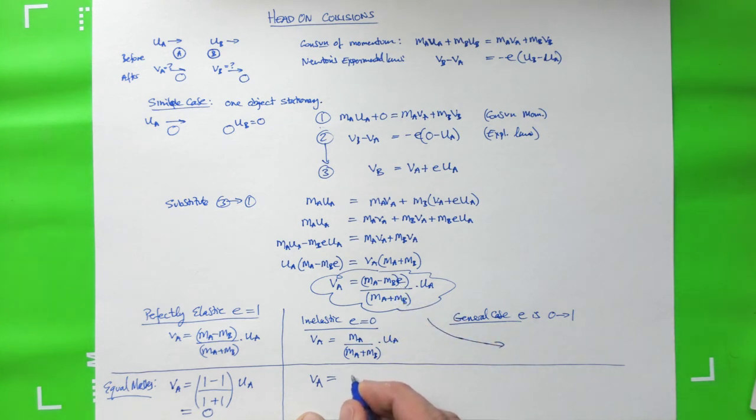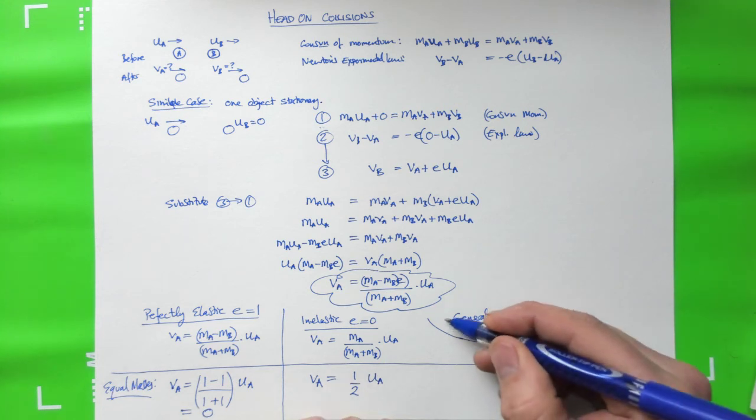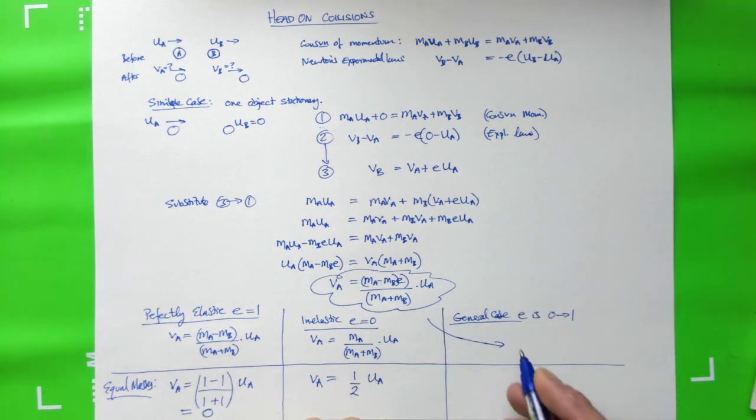Well, we have 1 over 2, because 1 plus 1 is 2, and that one there is 0, so we've got a half UA. So this suggests that if 2 equal masses run into each other, stick together and keep on moving, the combined mass will move off with a speed equal to half the original speed, which is interesting because it's exactly the same result we got in the very first case that we looked at with conservation of momentum.